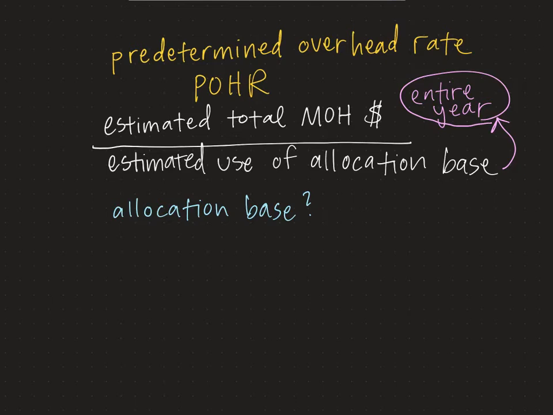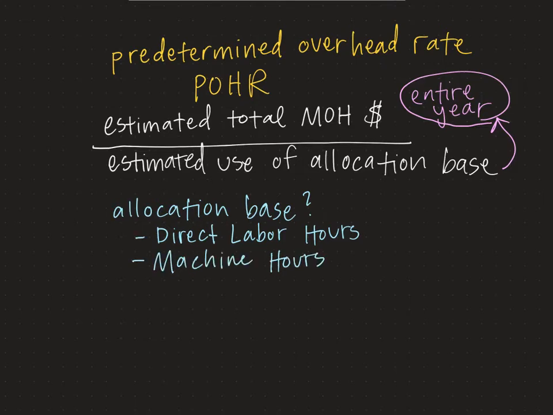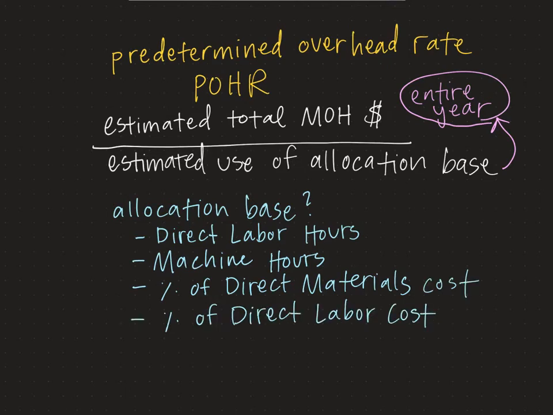Examples you might see of potential allocation bases are the direct labor hours required for the job, the machine hours that a job takes, or sometimes a percentage of the direct materials used, or a percentage of the direct labor cost. So when you are doing any question requiring you to calculate the predetermined overhead rate, it is very important for you to look at the question and see which metric is being used as the allocation base.